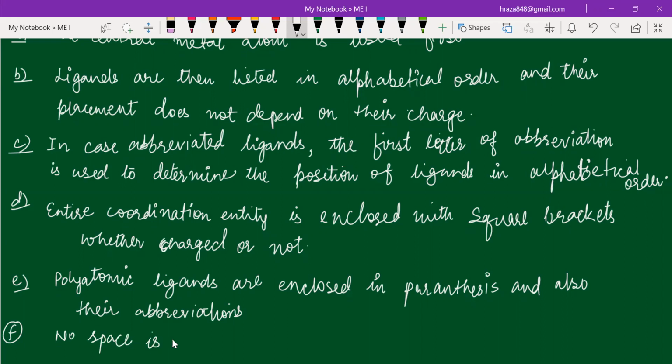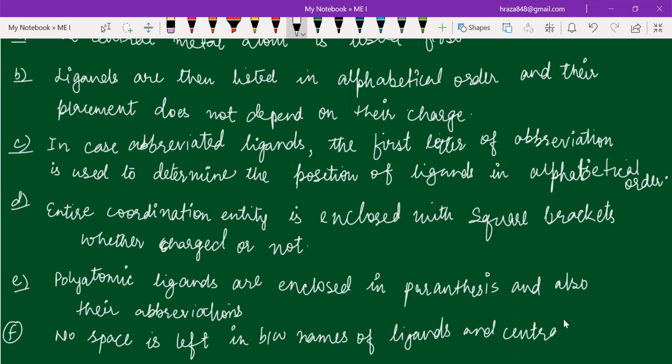No space is left between the names of ligands or formula of ligands and the central atom.